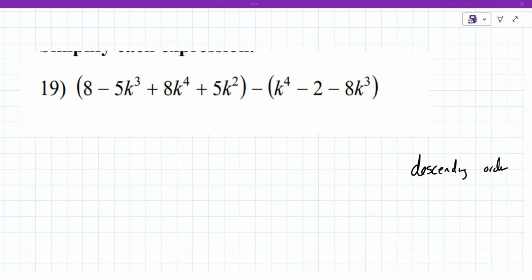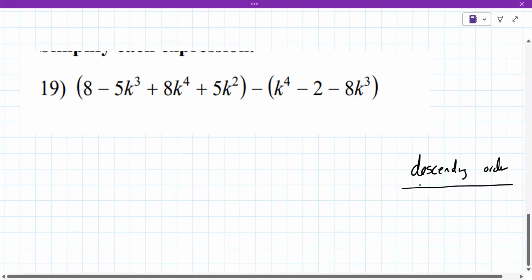Wait, no, that would be 6. And then that would be plus 5k to the 2. Would it be 6 plus 3k to the 3 plus 7k to the 4 plus 5k to the 2?